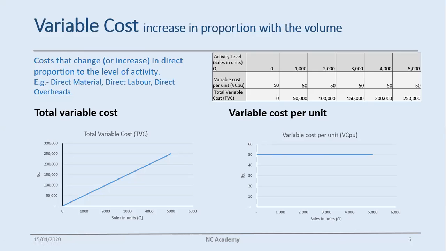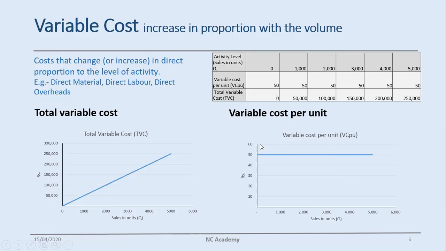This is a little different from what you can probably learn under economics. In economics, when you are increasing your volume, variable cost can decrease. But once you pass some particular level, it could again increase.